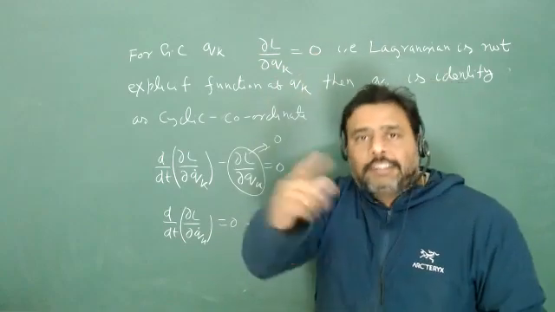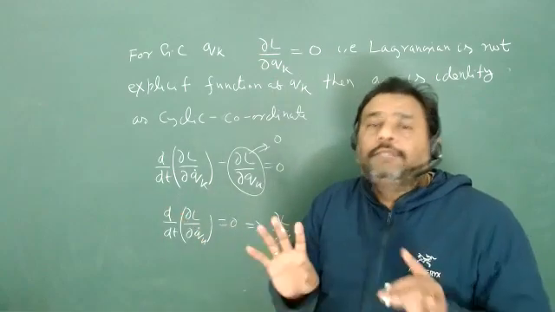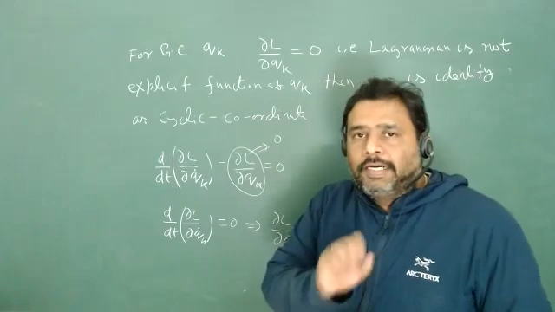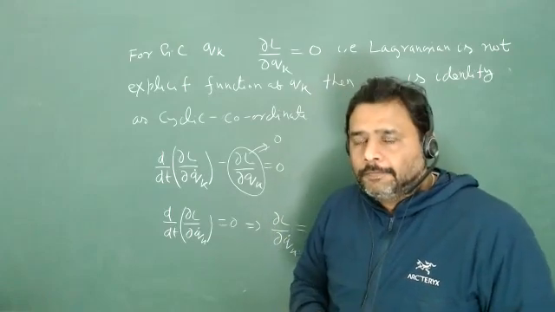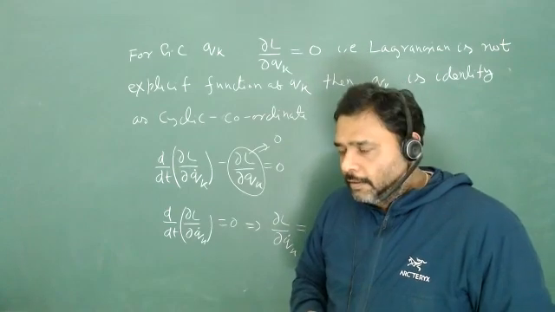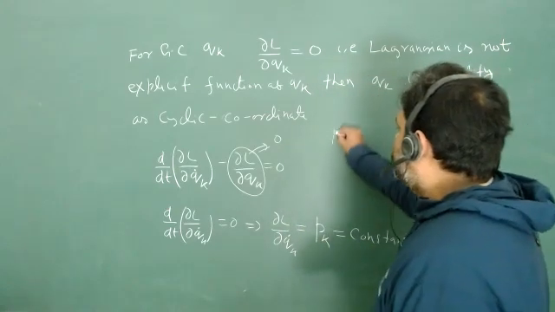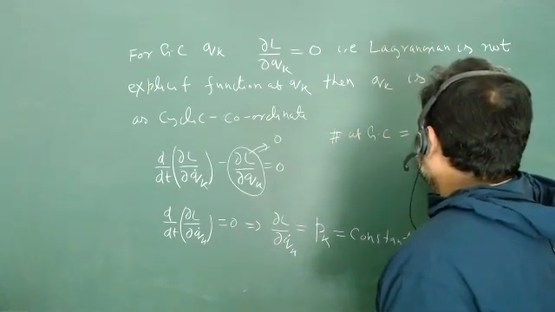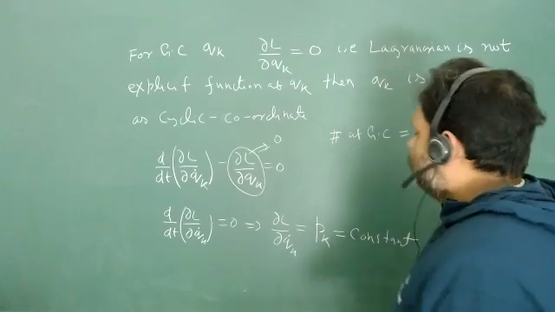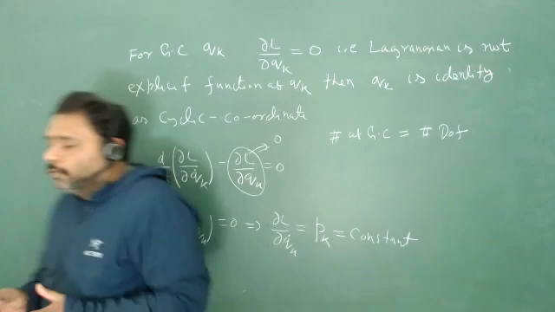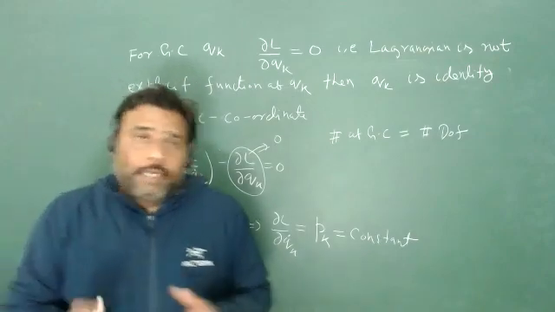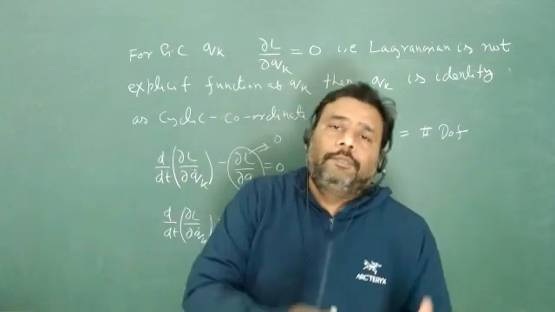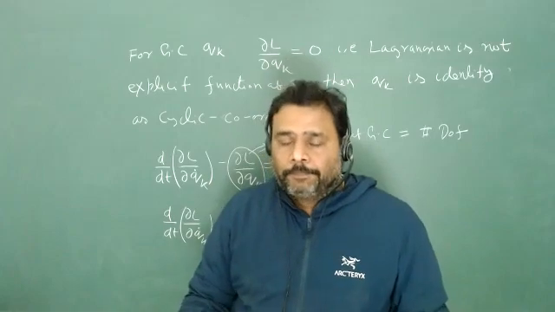You have to check for each and every generalized coordinate. And how many dynamical variables must there be for the generalized coordinates? Degree of freedom. Exactly. So the number of generalized coordinates must be equal to the number of DOF. This is our rule. Maybe the Lagrangian is an explicit function of generalized velocity, but it cannot be an explicit function of generalized coordinate.